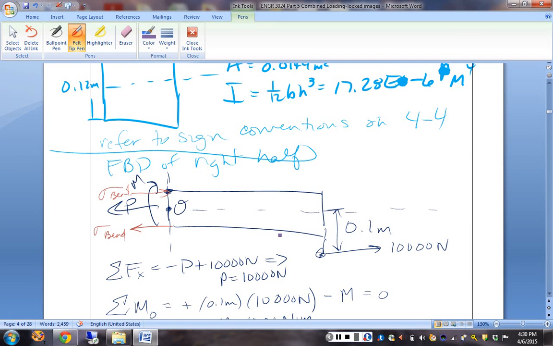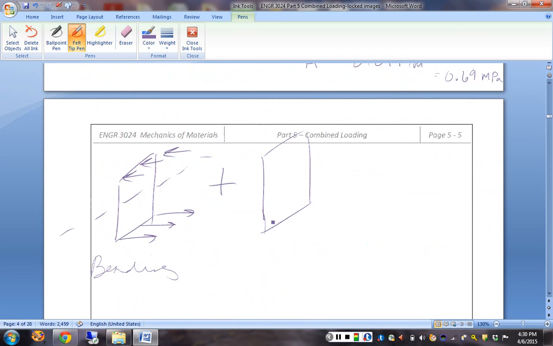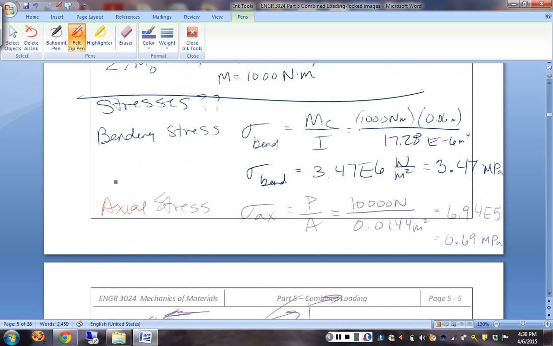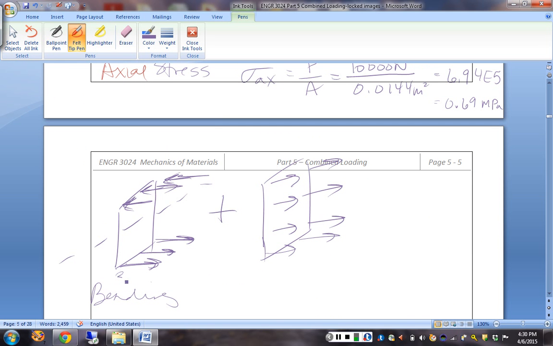You have tension everywhere. Does the tension that's all over the surface cancel out the compression? Well, that's exactly the point that I was about to make. How big are these guys? How big is the sigma max from bending? That's 3.47 mega, right? So 3.47 mega.